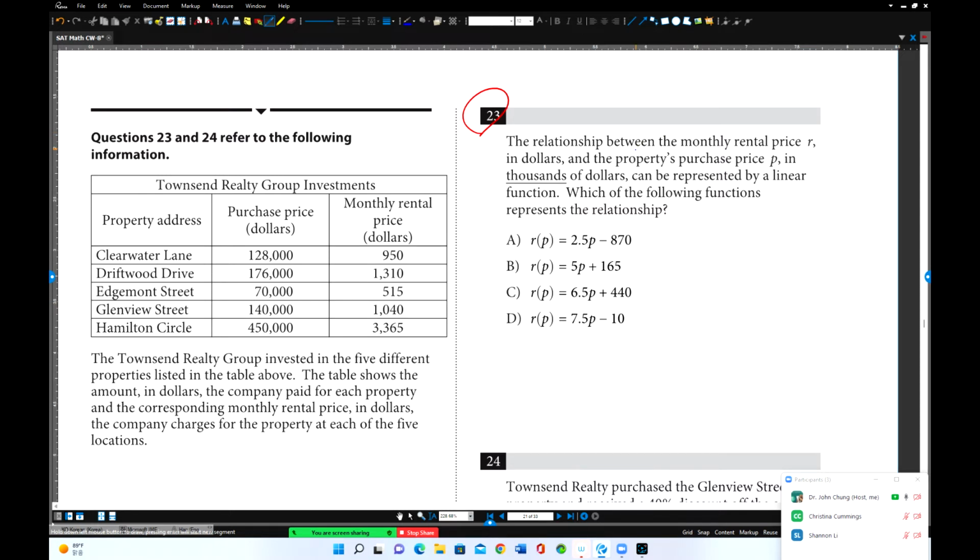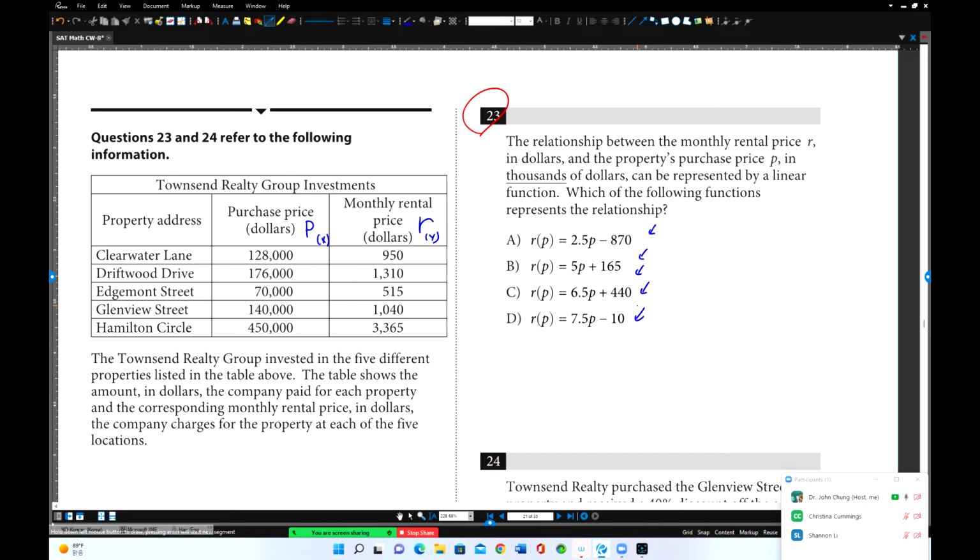The relationship between the monthly rental R, which we call R, and the property purchase price in dollars, P. So we're going to find the relationship. When you take it over here, R equals P. This is the value of Y, and this is the value of X. We're going to find the equation. When you take a look, they are all linear, right? All linear.